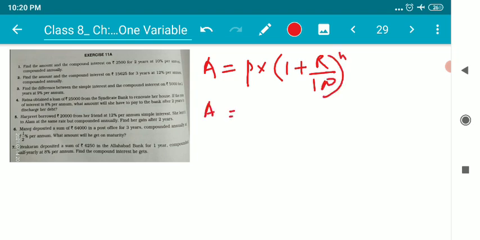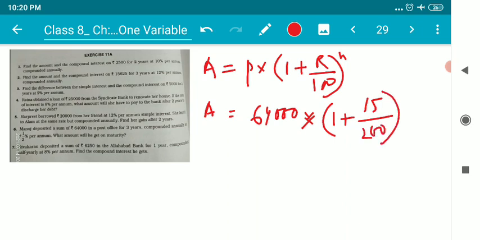So amount is equal to principal, 64,000, into 1 plus r, which is 15 by 2 into 100, means 200. Children, need not get confused about where I got this 200. The rate of interest is 15 by 2, means 7.5. So 2 into 100 will be together 200. And the power n is 3 years.